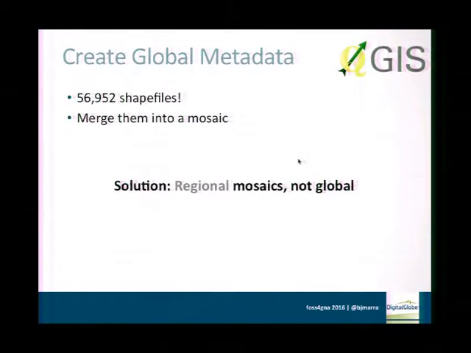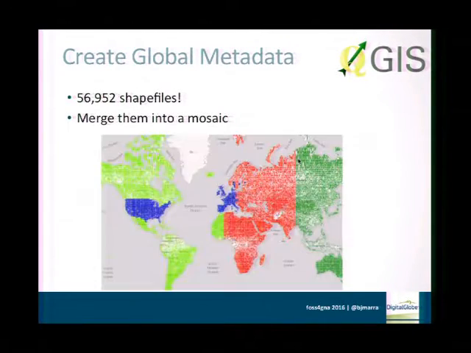Let's divvy up our shapefiles into regional mosaics, not a global mosaic. And the naming of our partitions, we could actually go through and identify those that are in the United States, those in Western Europe, those in Russia, and so on, to divvy them up into regional mosaics. So just by the naming convention, we could split up and then, using QGIS, build the mosaics of our shapefiles.